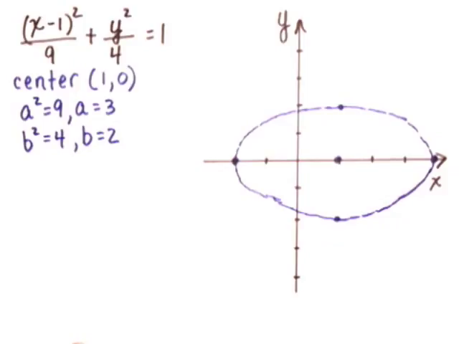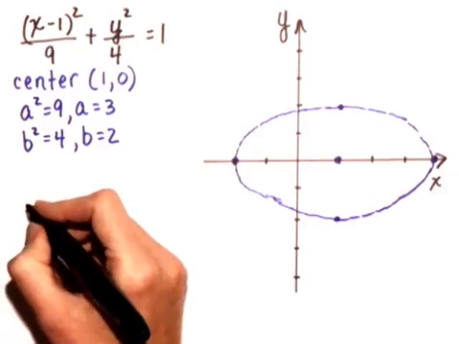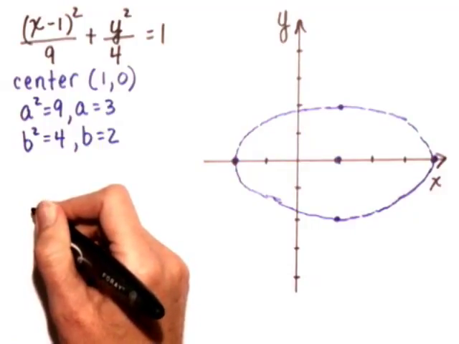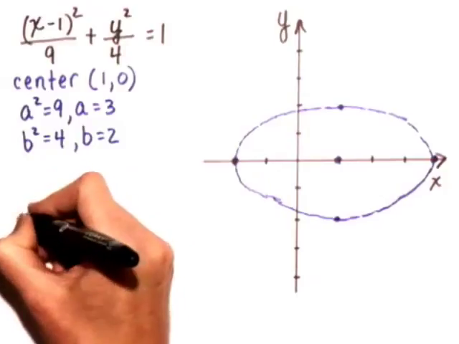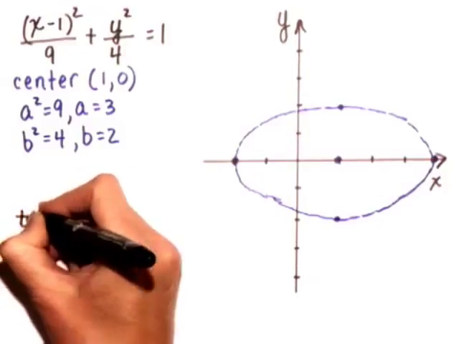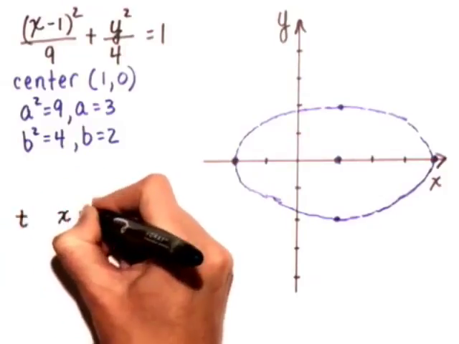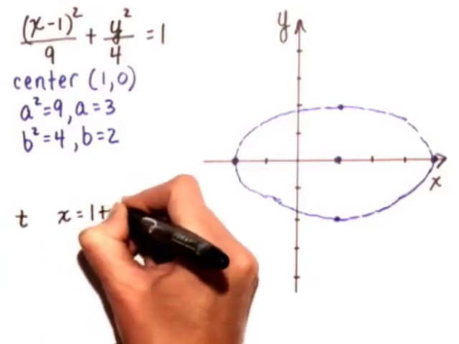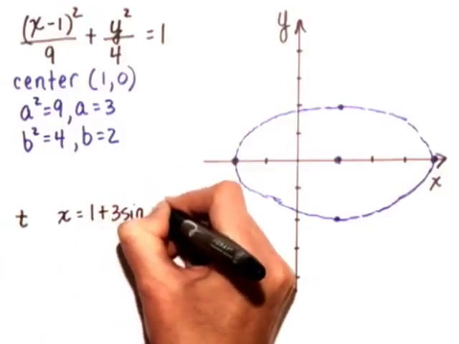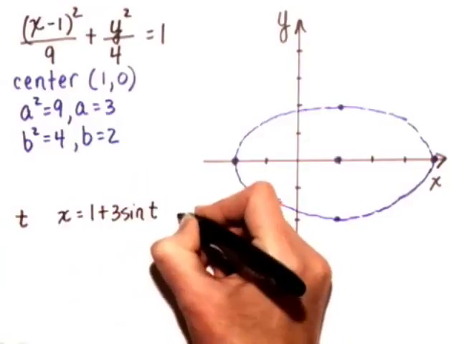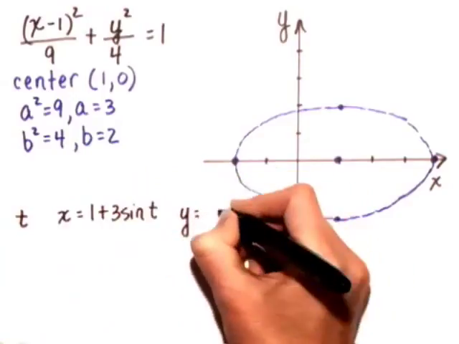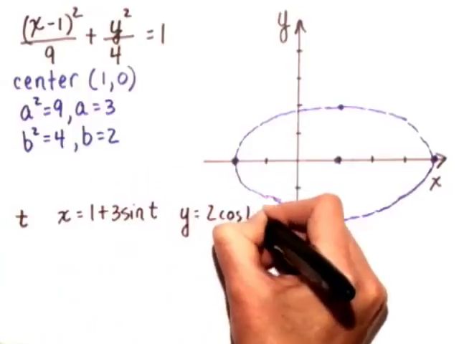And here's a sketch of my ellipse. Now, we would also like to use arrows to show the orientation. So what we want to do is get some information using t. So remember, with our given information, we have t, and we have x, which is equal to 1 plus 3 sine t, and we have y, which is equal to 2 cosine t.